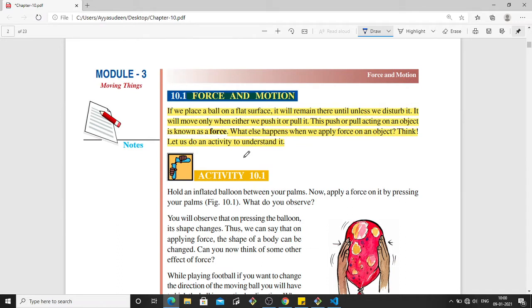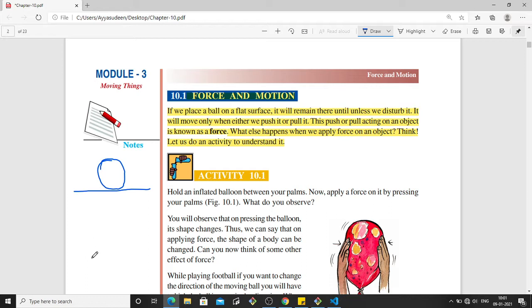First one is force and motion. So there is an example. See, there is a flat surface, and you keep a ball on it, a round ball. It's not exactly round, but let's assume that it's round. If you keep it on a completely flat surface, the ball won't move until we disturb it.